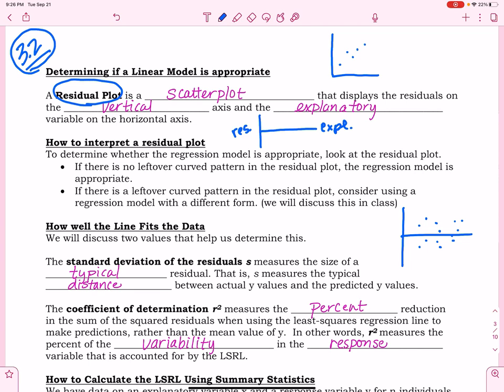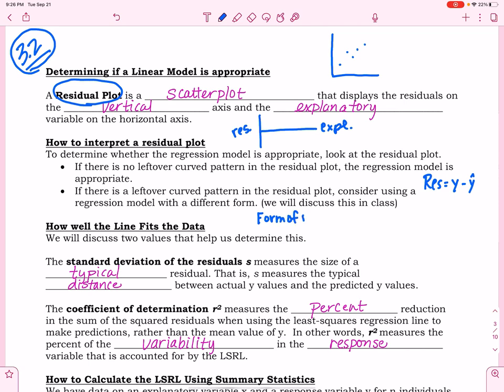Well, if you'll think about how we come about a residual, we take the actual y value and we subtract the predicted y from it. So you need to think of it this way. Let's think of the form of our residual.